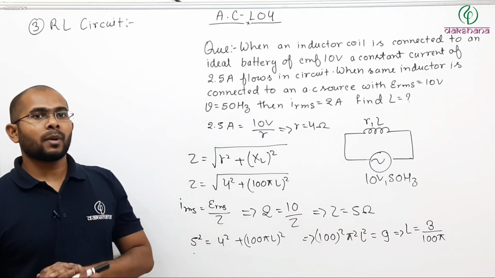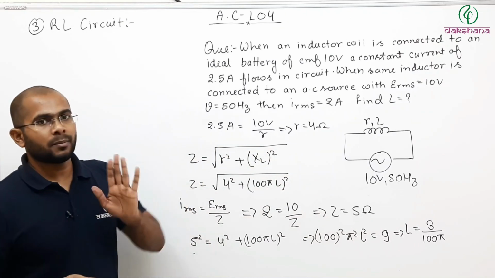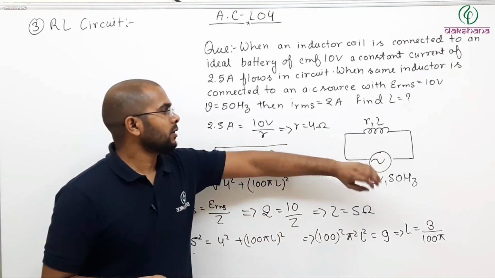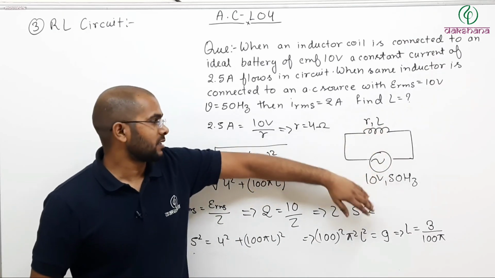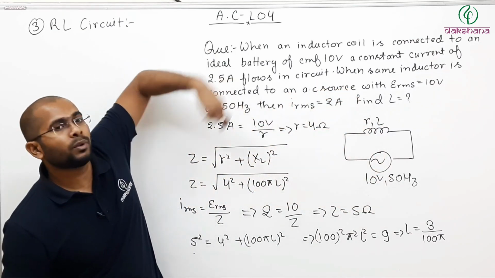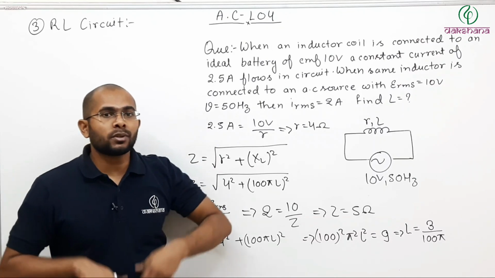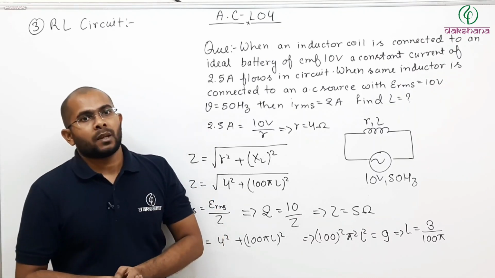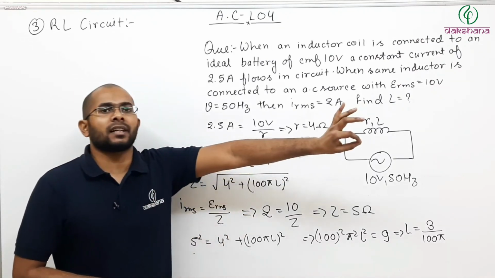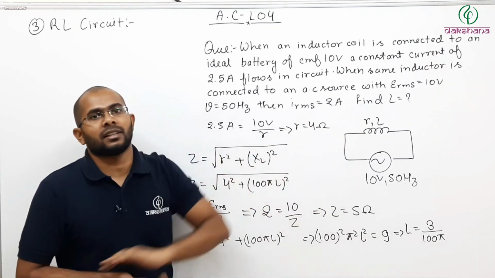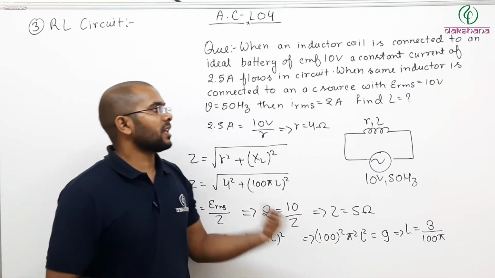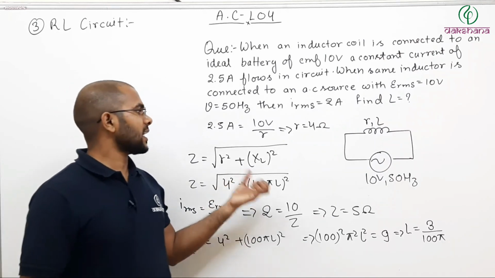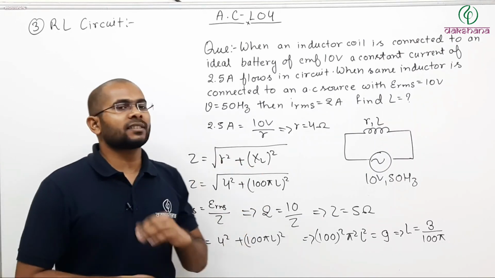So remember this, in this type of cases, for example here they have connected to a battery. So when you connect to a battery, in case of constant DC, there is no reactance, there is no omega. So XL will be 0, your XC will be 0.